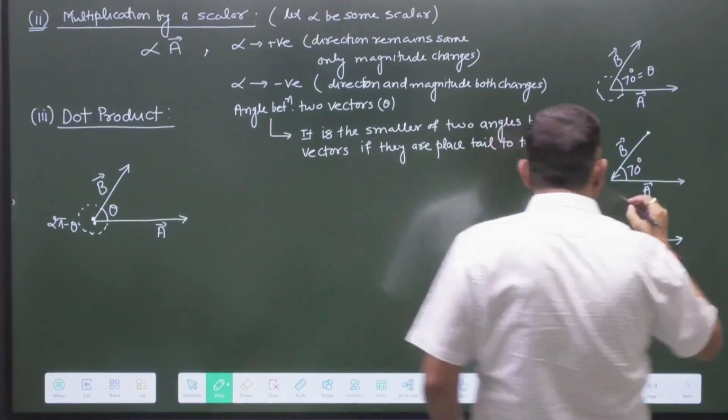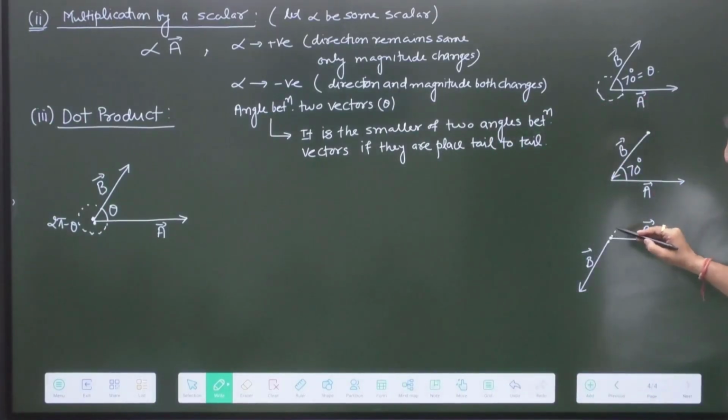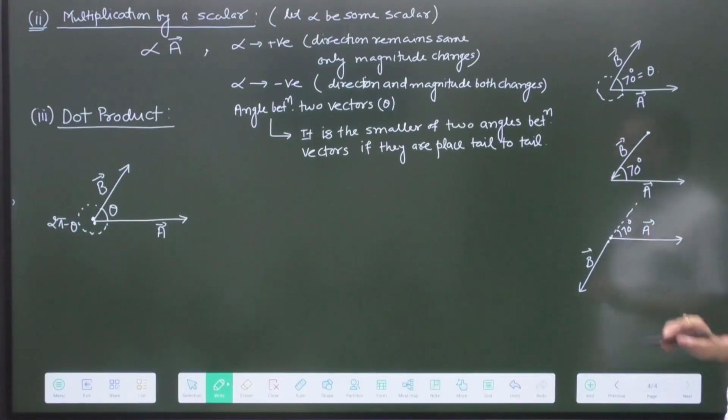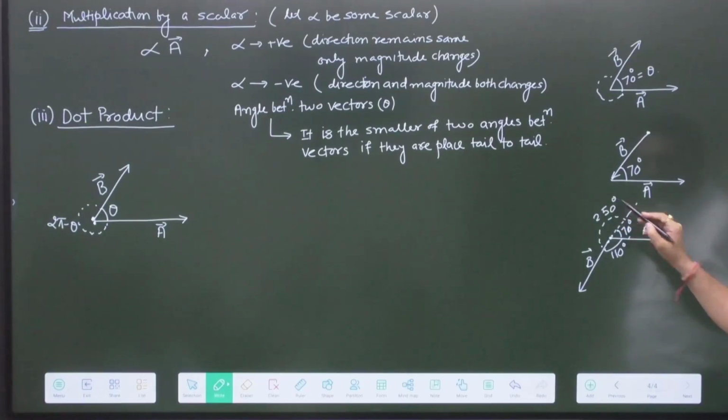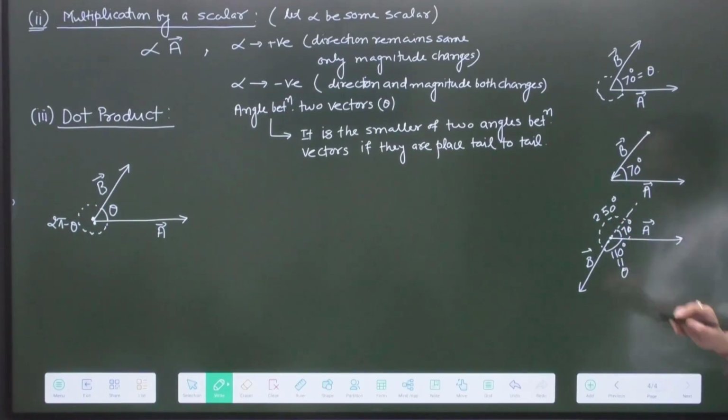This will be vector B. So this angle is 70 degree. Now you have to see angle between two vectors. One angle is this. This angle is what? 110. Another angle between these two vectors is this whole angle. That is 250. So what will be the angle? This is the angle theta. This is the angle between two vectors.